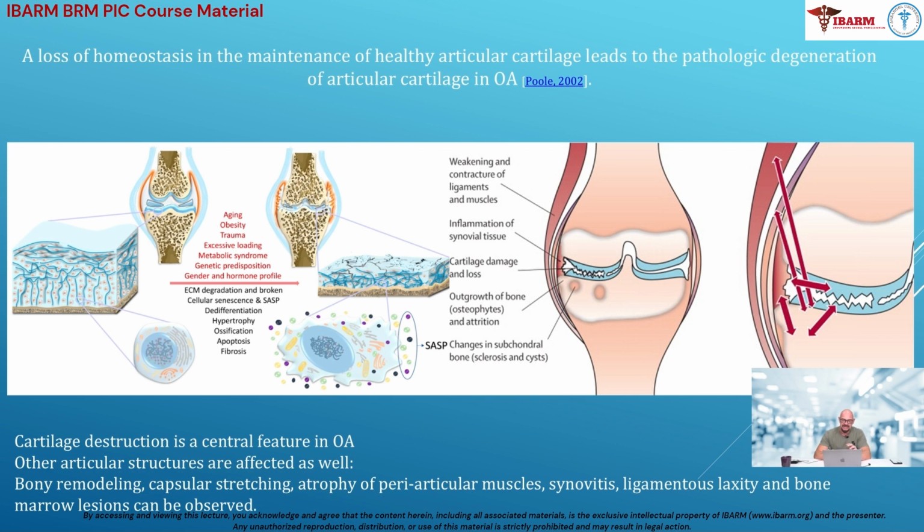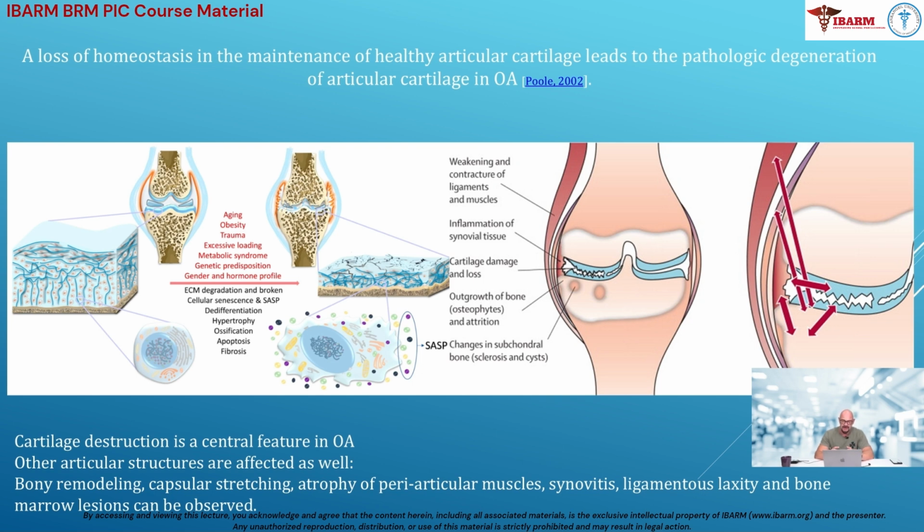It's the changes in the subchondral bone, sclerosis and appearance of cysts, appearance of osteophytes, due to the overgrowth of the bone tissue and its attrition in that part of the bone tissue which is immediately under the cartilage. It's capsular stretching and inflammation of the synovial sheath due to deformity, of course, and the chronic inflammation.